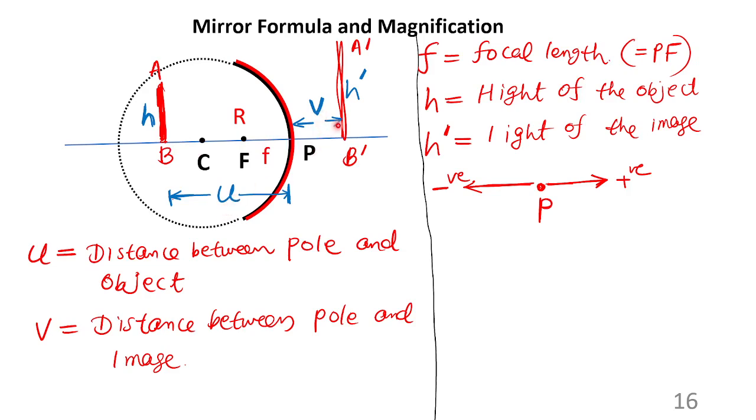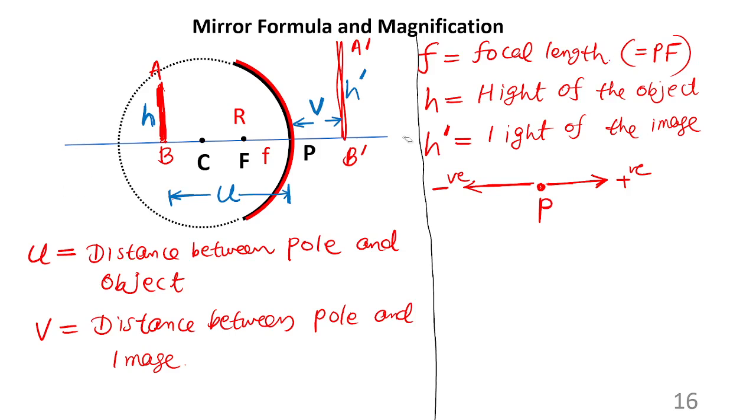And if the diagram is like this, I am not saying that the image will always be in the right side. If the diagram is like this, the V will be positive, because the horizontal distance V is towards the right side of the pole. But remember, if the image is obtained in the left side, then V will be negative.